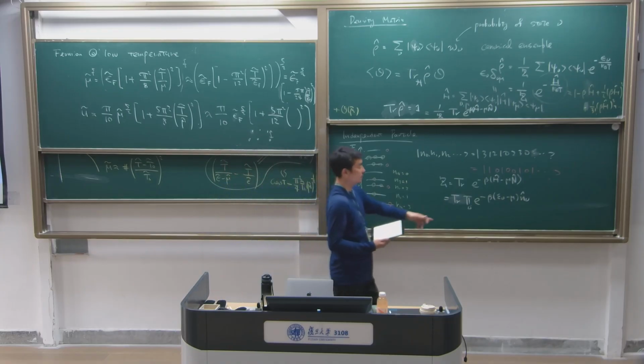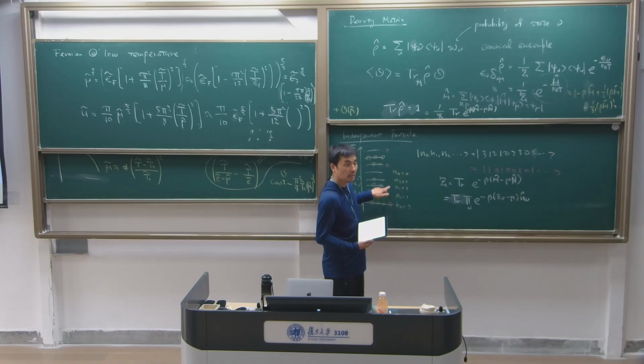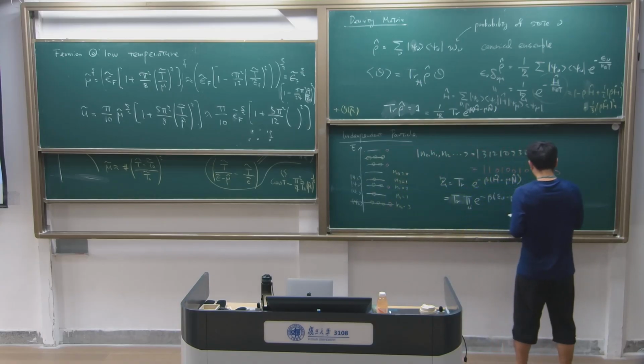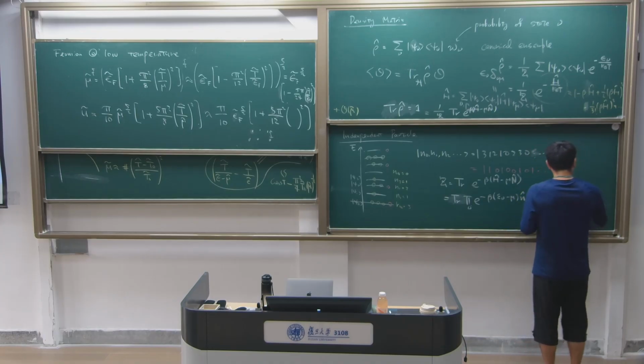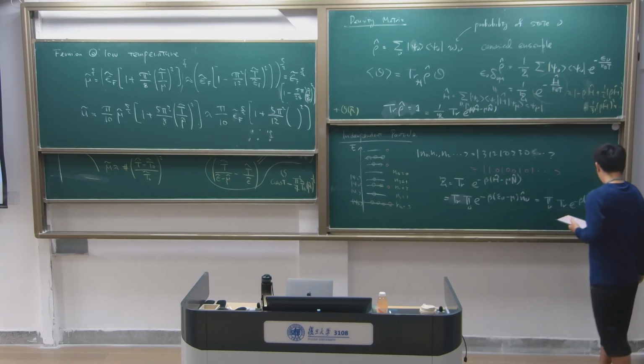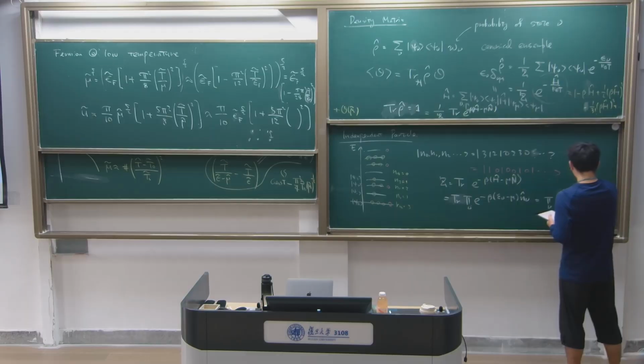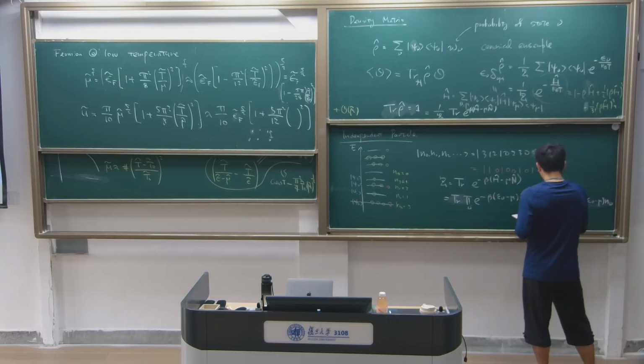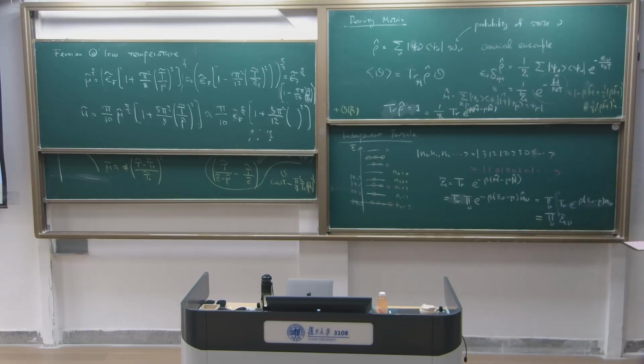Here n hat is the number operator that counts the number of particles in each state. So this can be understood as the product over nu of the trace of e to the minus beta (epsilon nu minus mu) n nu, and we treat this as the definition of each state's partition function.